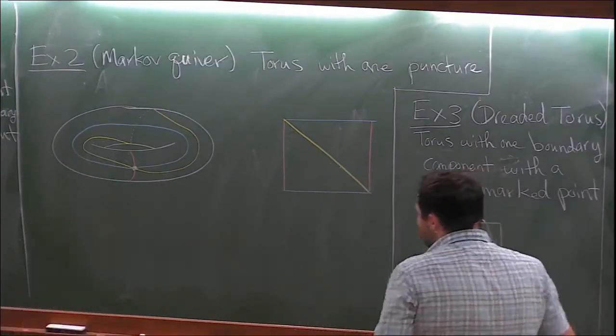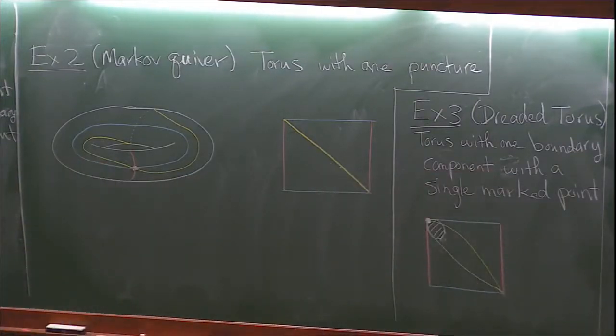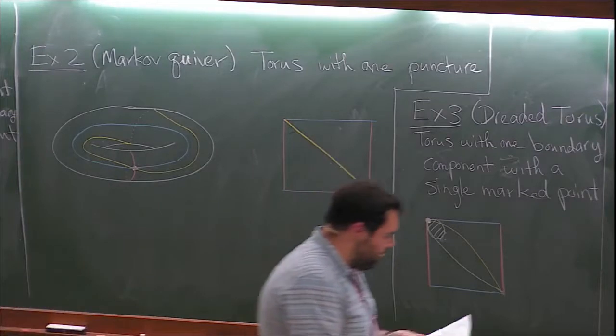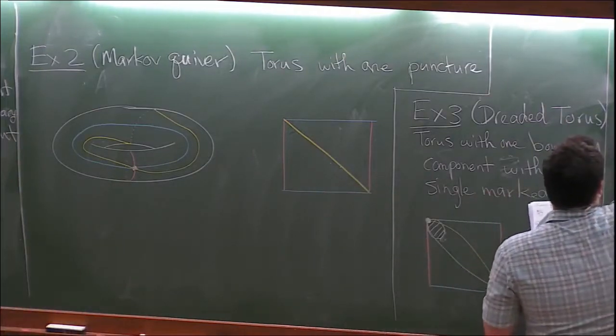So I want to tell you a proposition. If this is tough for you to see whether you have a triangulation or not, let me tell you the number of arcs that you have so that you can guarantee that you have a triangulation. So here's a proposition.